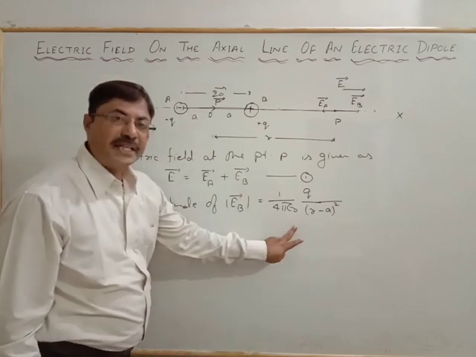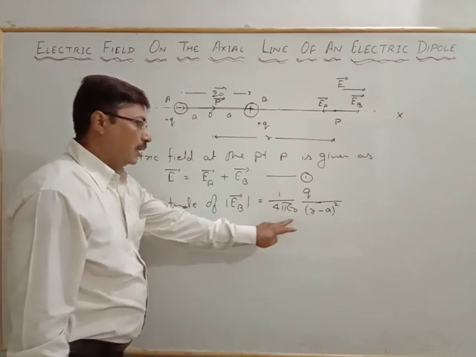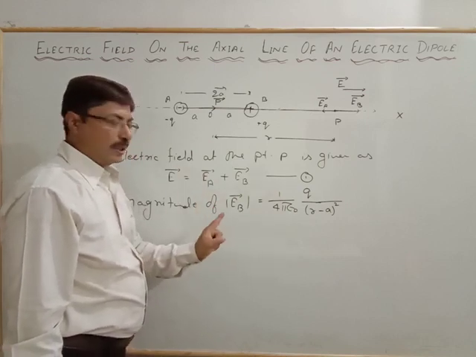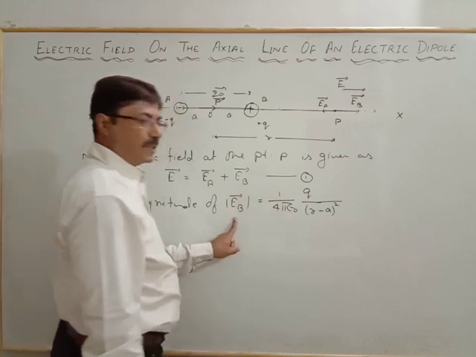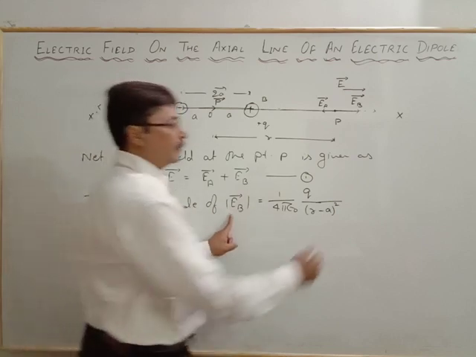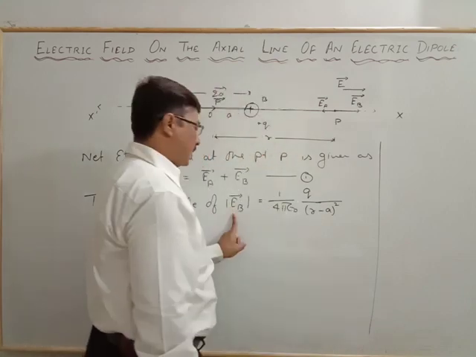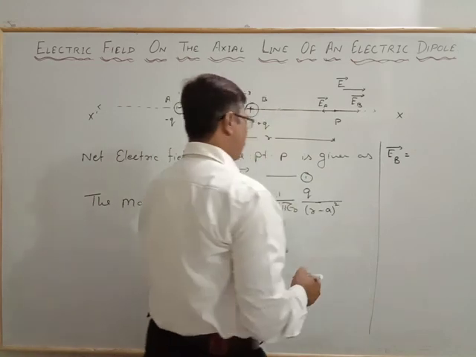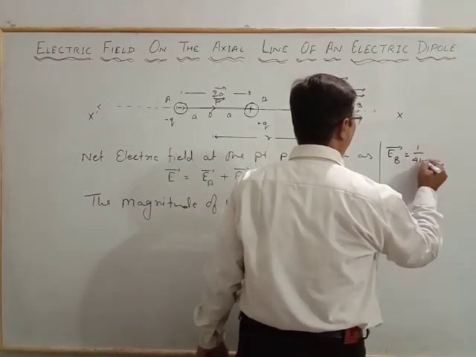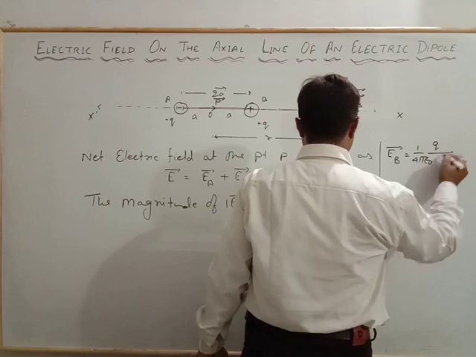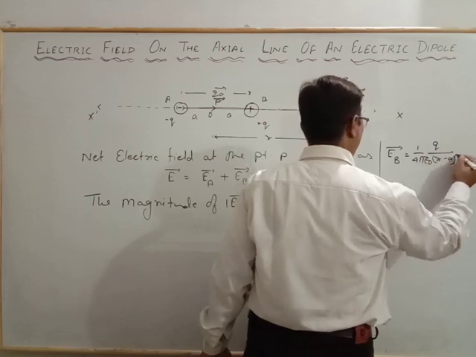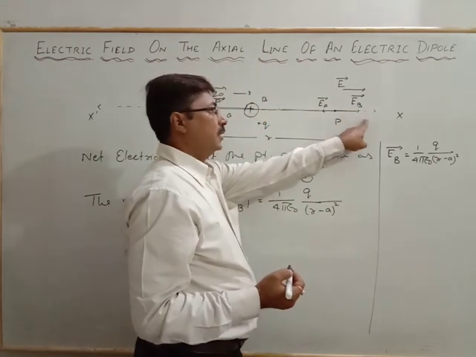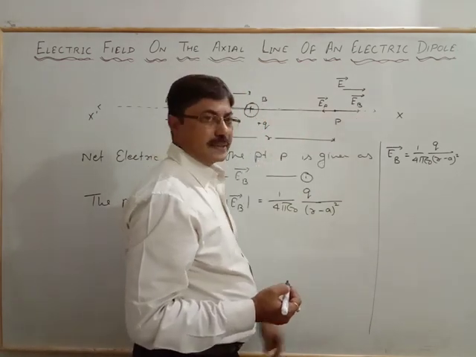This will give only the magnitude. That's why nothing is here regarding the direction. Though I know the direction, if we consider the vector representation for EB, then it has the direction with the relation 1 by 4 pi epsilon naught Q by (r minus a) whole square, and the direction is away from the charge, or towards the x-axis.